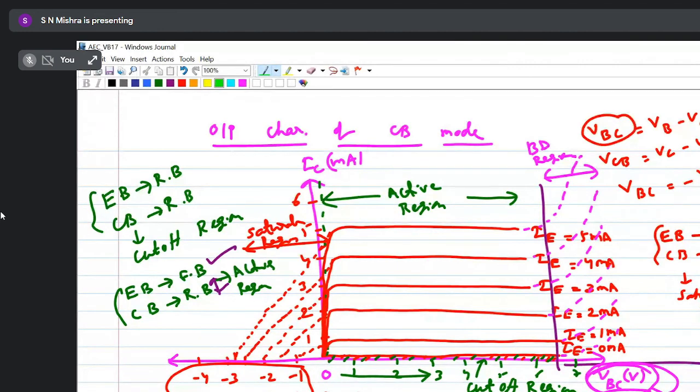Active region means when you set IE as 0, 1, 2, 3, 4 like that, current is increasing and the maximum current should be less than the input current, and it is parallel to the x-axis. And in this region, the emitter base junction is forward biased, and the collector base junction is reverse biased. You have to explain in your own language. Similarly, the saturation region and breakdown region, you have to explain.